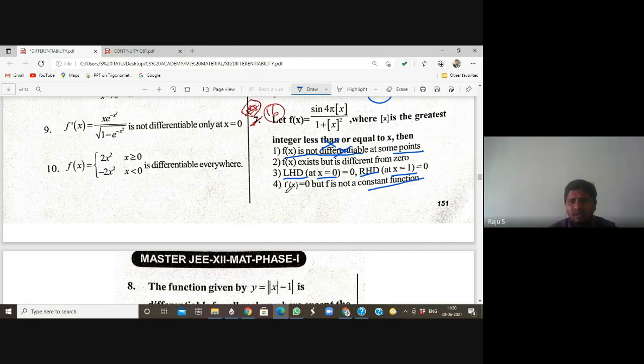And the fourth option: f dash of x is equal to 0, but f is not a constant function. Generally, when does the derivative of f of x become 0? When f of x is constant. The derivative of a constant is 0. Not a constant function is not according to this. So the third option is correct.